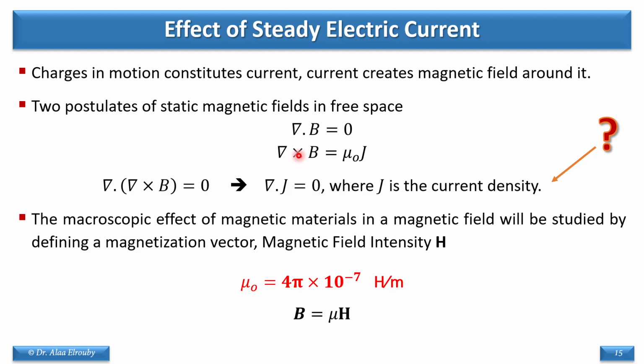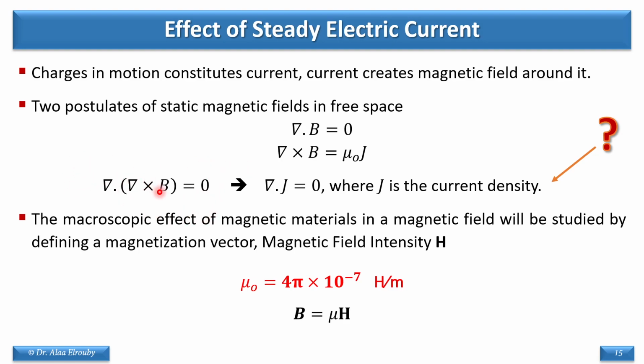Number two is the curl of B is related to mu naught J. J is the volumetric current density. So here we know that the divergence of a curl equals 0. This is a null identity of the vector algebra.